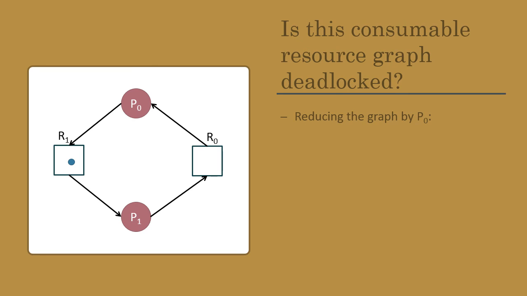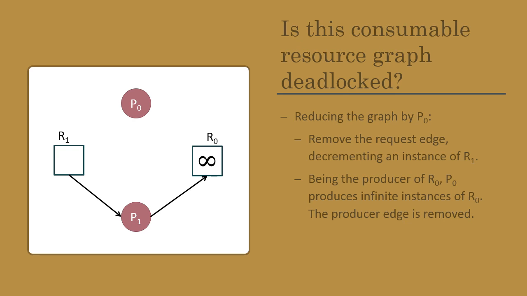Reducing the graph by P0. Remove the request edge, decrementing an instance of R1. Being the producer of R0, P0 produces infinite instances of R0. The producer edge is removed.